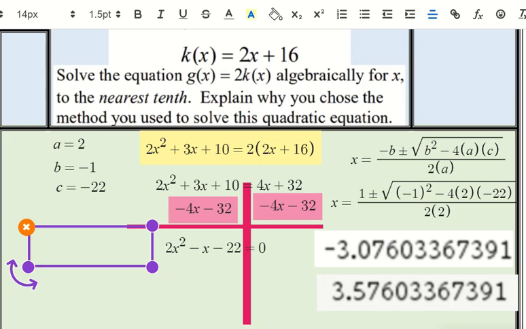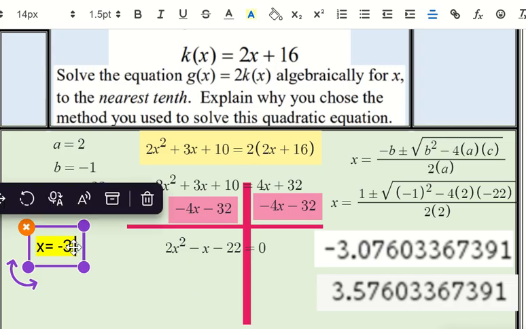So we're told to round our answers to the nearest tenth. That's one decimal place. So my first x equals negative 3 point, and if I look at 0.7, the 7 says raise the score, so I make that 0 a 1.